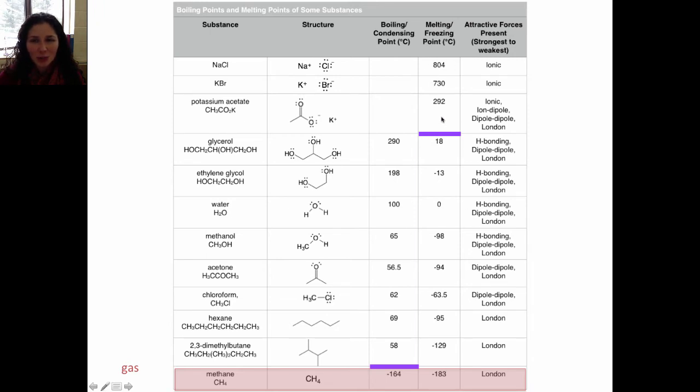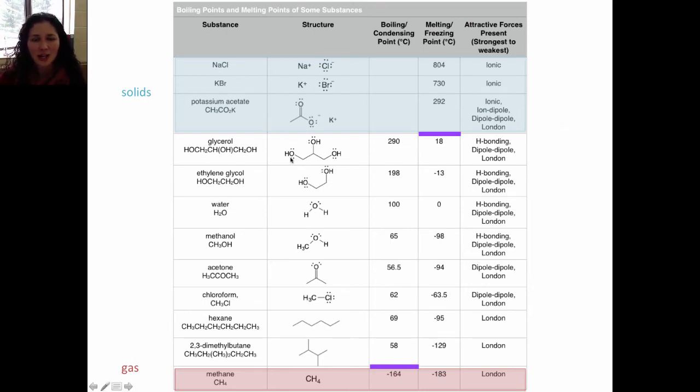Room temperature is below the freezing point of these things and above the freezing point of these things. And so when room temperature is below the freezing point, these things will be solid. So these are things that we know exist as solids at room temperature. The most familiar to you might be sodium chloride. This is table salt, and it exists as a solid at room temperature.